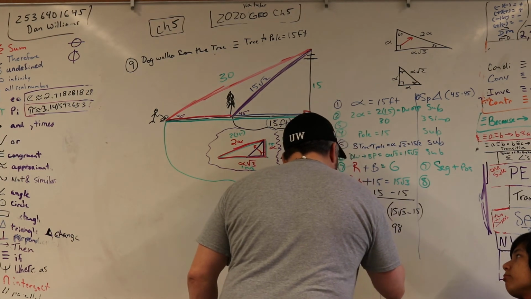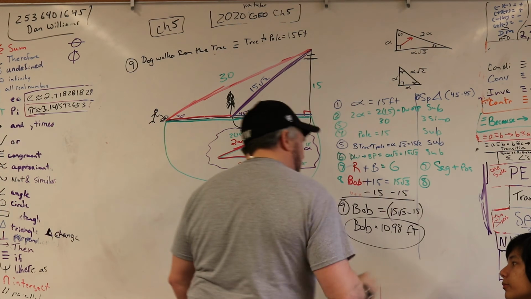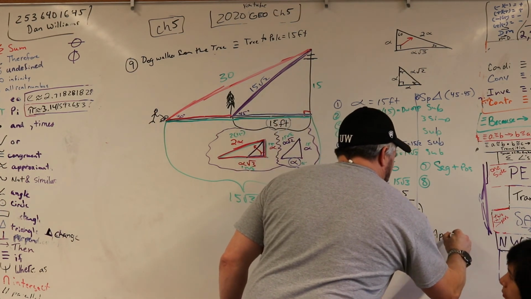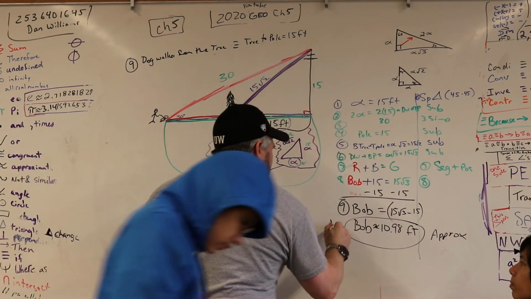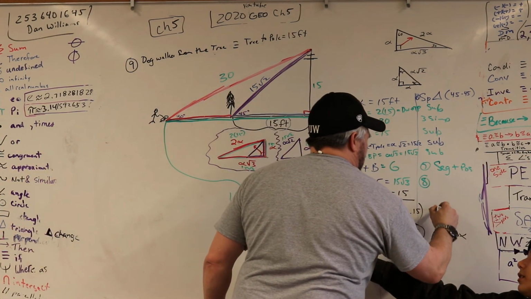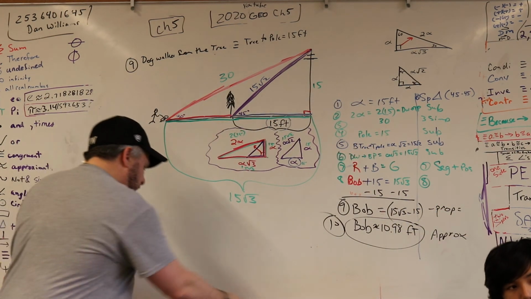So Bob is 10.98 feet, approximately, and that's approximate, right? And that's the subtraction property of equality. And there it is.